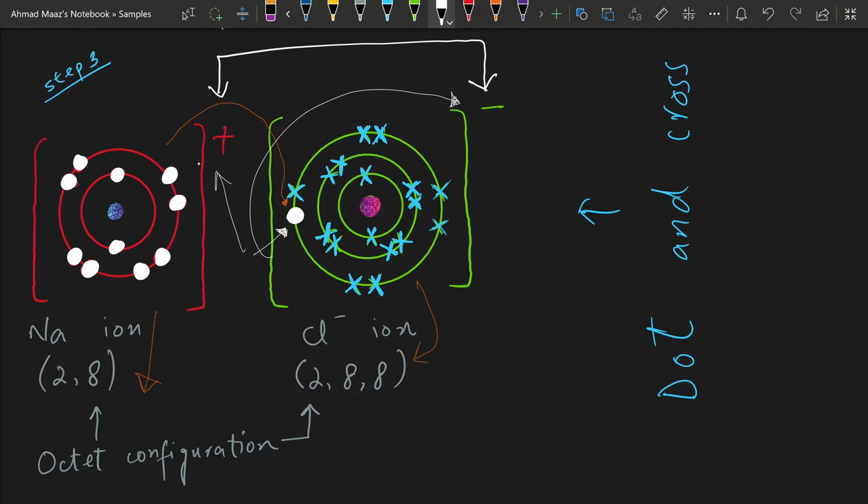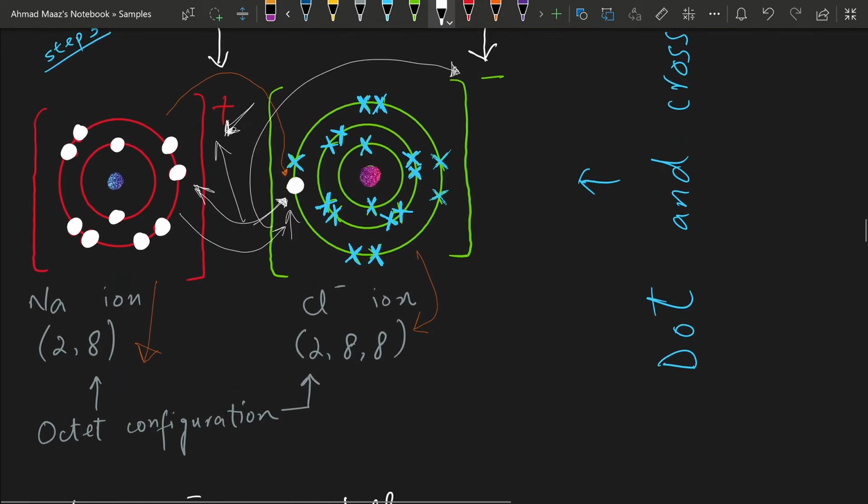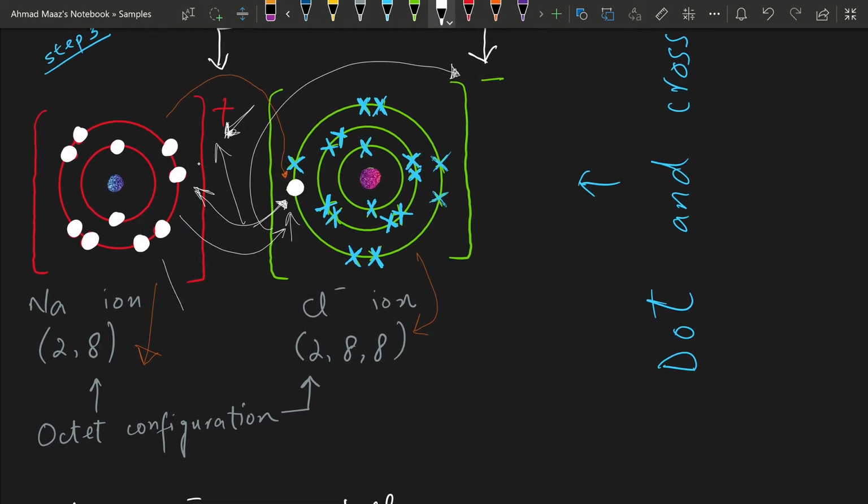When it was with the sodium, the number of protons and electrons were equal, and before this electron came here, the number of protons and electrons were equal in the chlorine atom as well. Now this electron has moved from here to here, the number of protons is now more in the sodium atom.